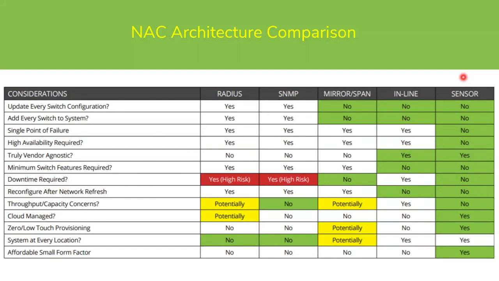In this case, really the only thing you have to do is connect the sensor to your network with either an access or a trunk port, just like you would a server or a switch. So really only basic networking skills required and no real network integration needed. Okay, great. Thank you.